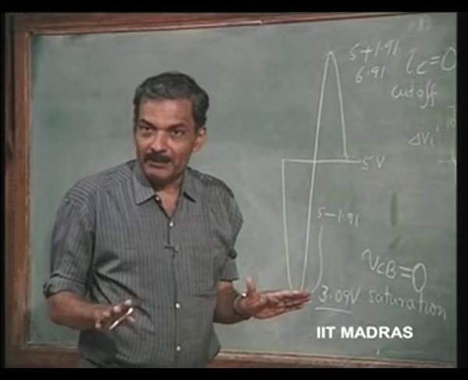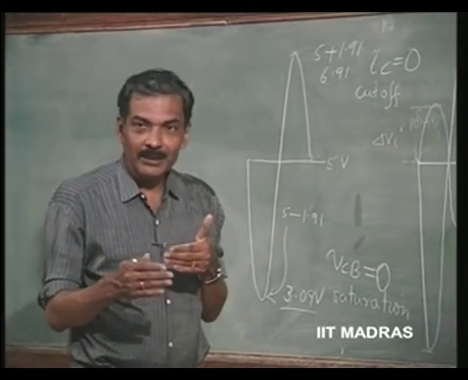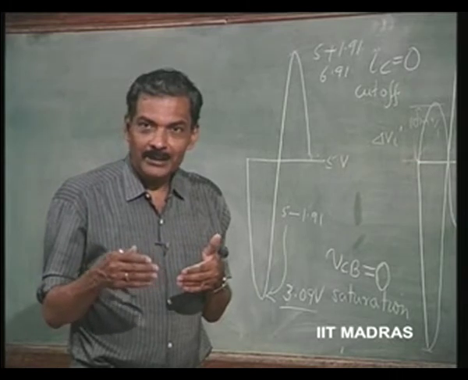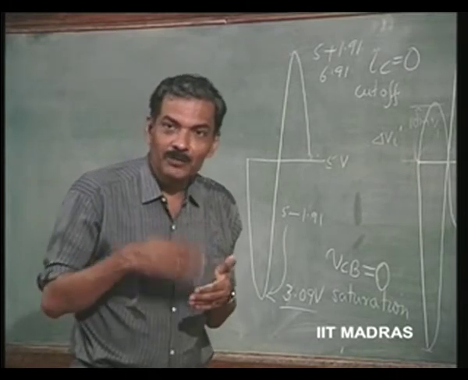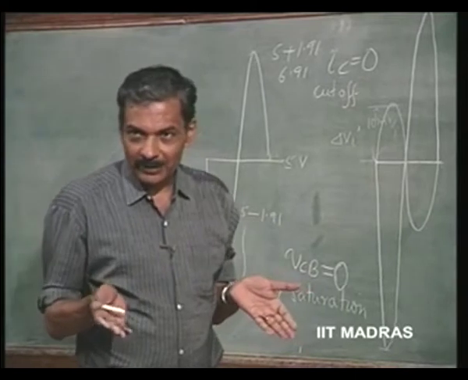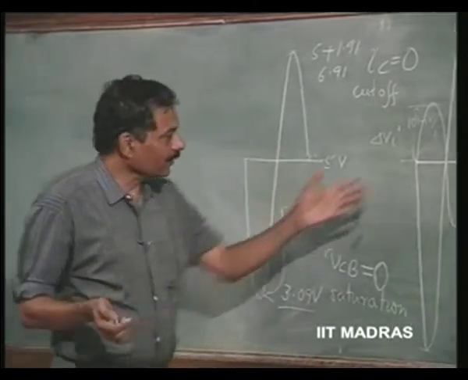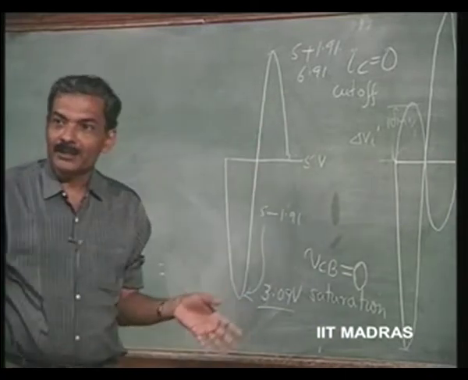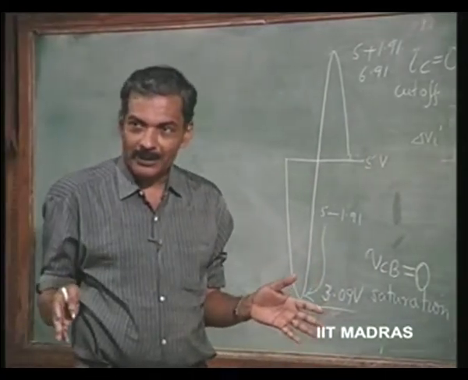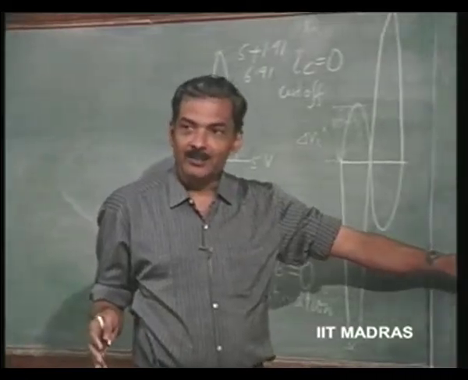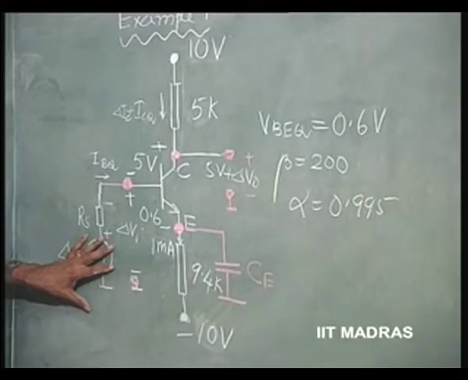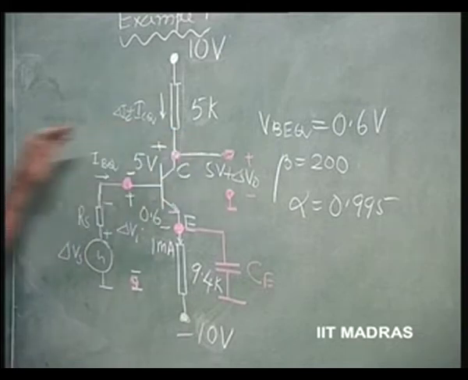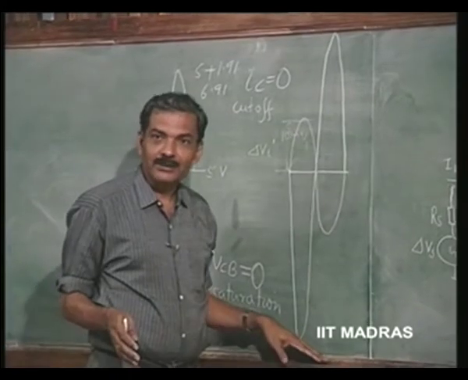This will be distorted, because the linear relationship between input current and output current is linear, but input current and input voltage is exponential. So, this waveform will not look like a sine wave at all when you have this much swing, but it can swing by that amount for a specific swing at the input. If you can swing the input correspondingly, then you can go to saturation and cut off here.